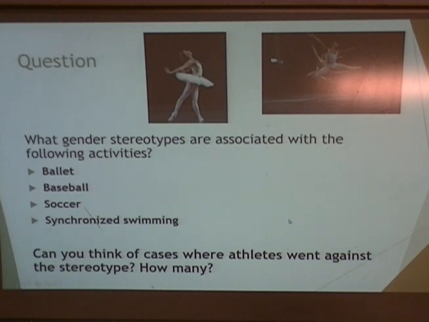So how many cases where athletes go against the stereotype can you think of? I know recently there was a woman that was kicking for an American football team. That was causing all kinds of problems because where was she going to get changed?